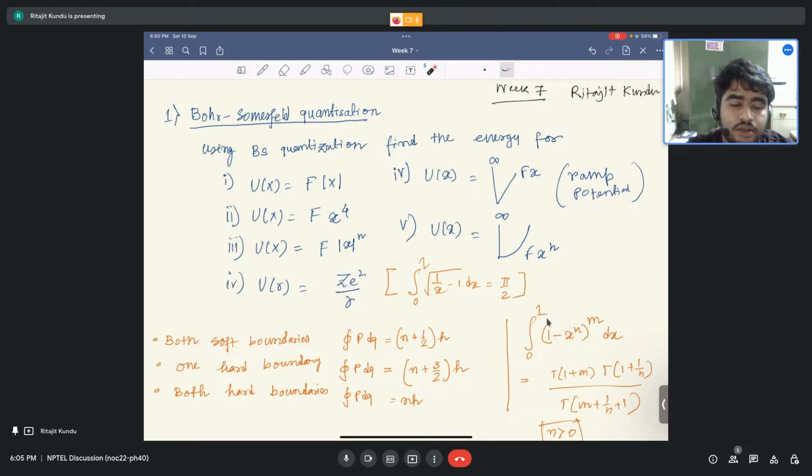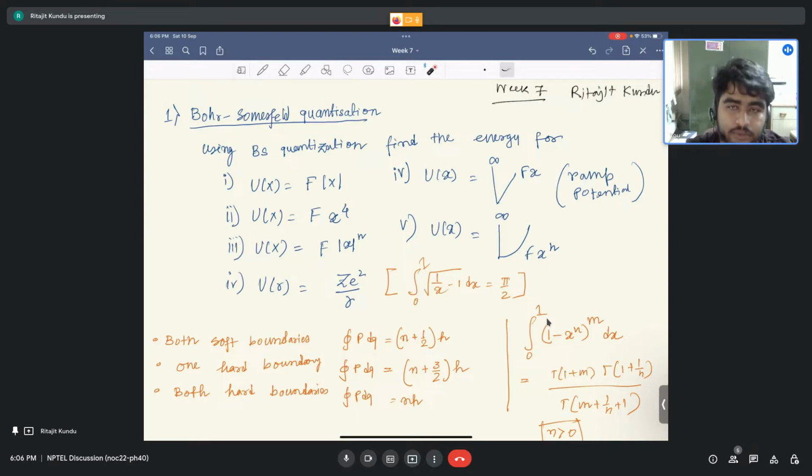Then we minimize with respect to the variational parameter present in the chosen ground state. That gives us an estimate of the ground state energy, which is bounded by the real ground state energy. So that cannot go below the real ground state energy of the system.